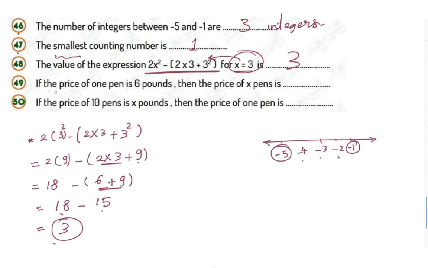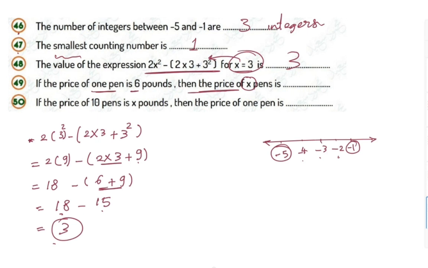Next, if the price of 1 pen is £6, to buy 1 pen you pay £6, then what is the price of x pens, any number of pens? Of course, if you know the pen price is £5 and you need to buy 2 pens, you will pay £10, 5 and 5.